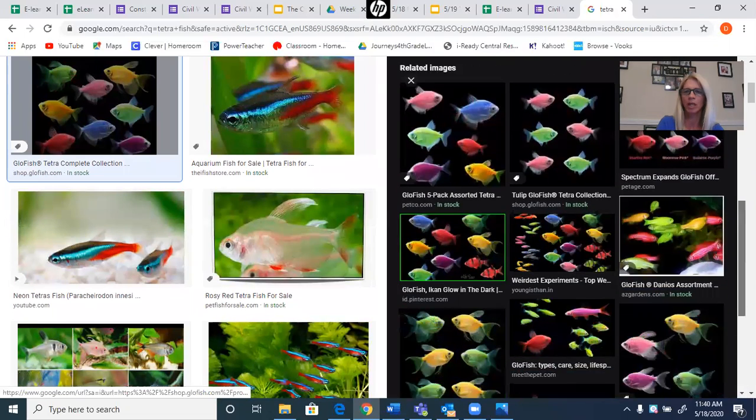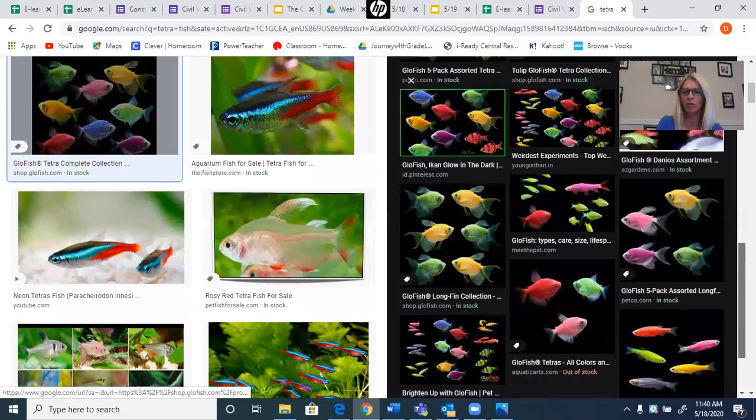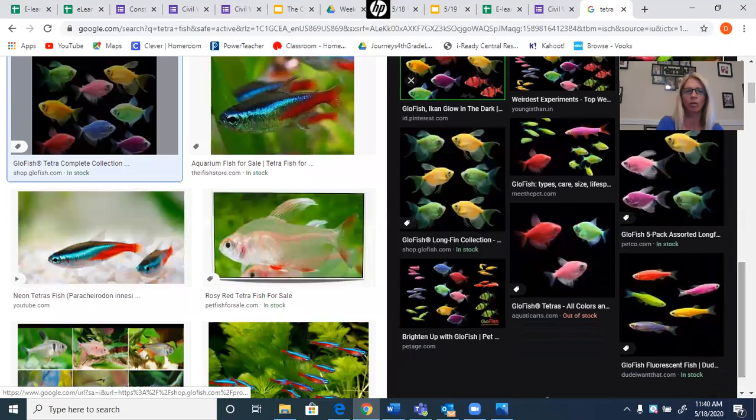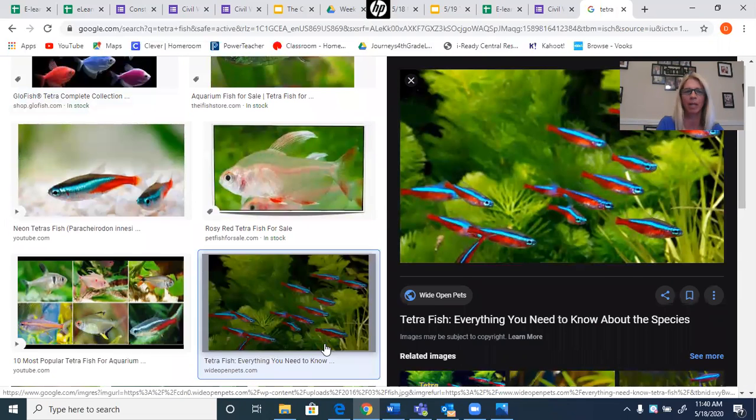Most of them are skinny and they're teeny tiny fish. Even though they look big on here, they're really not that big. They're tiny little fish. And they're skinny. You can see this one over here, this rosy red tetrafish, kind of is see-through.